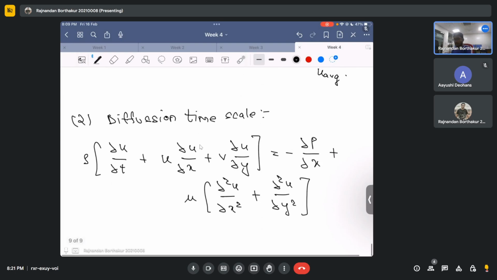Now, can you tell me which two terms we need to compare? If we want to find out the diffusion time scale, which two terms do we need to do the order of magnitude analysis on?